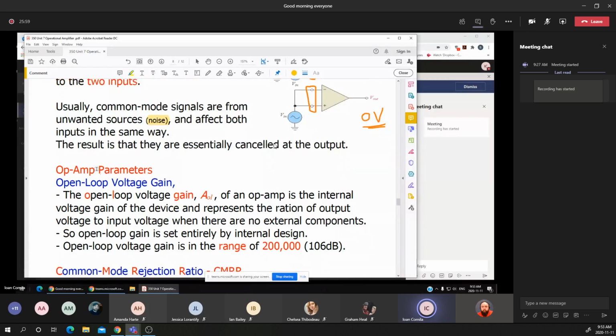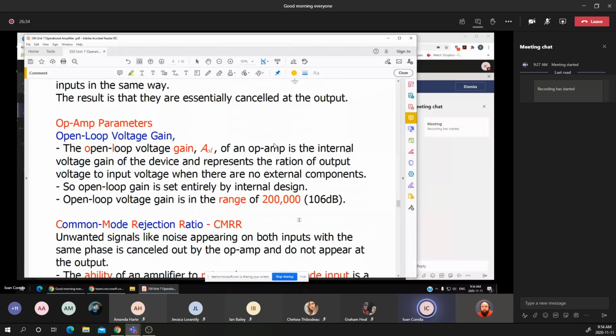Now, one of the few important parameters is the AOL, the gain of an open loop. You notice that in this circuit, or up to this point, we didn't use any external circuits. Means that the gain of an op-amp is defined internally by the circuit, or the circuits that are used to build or make the op-amp.